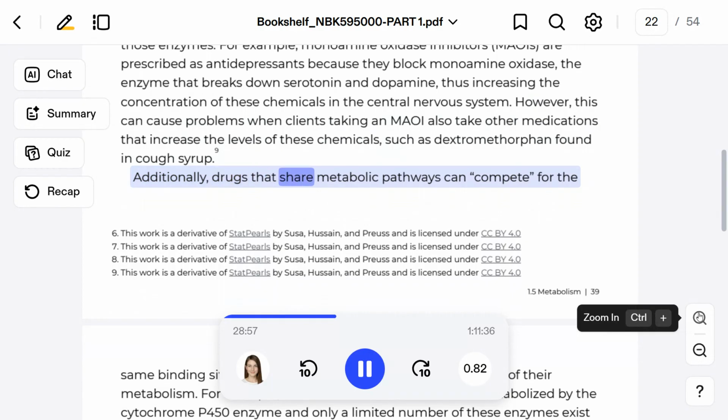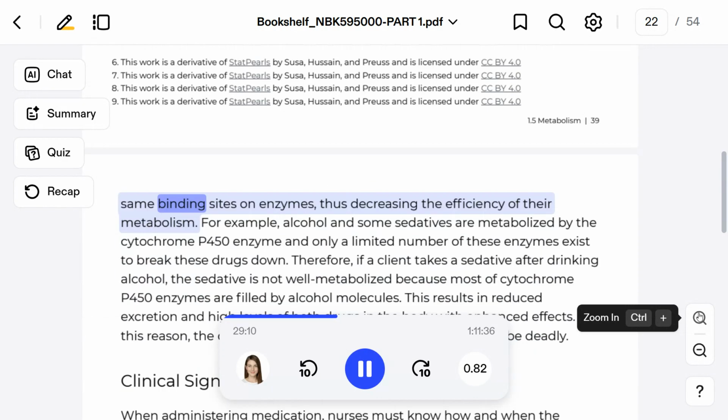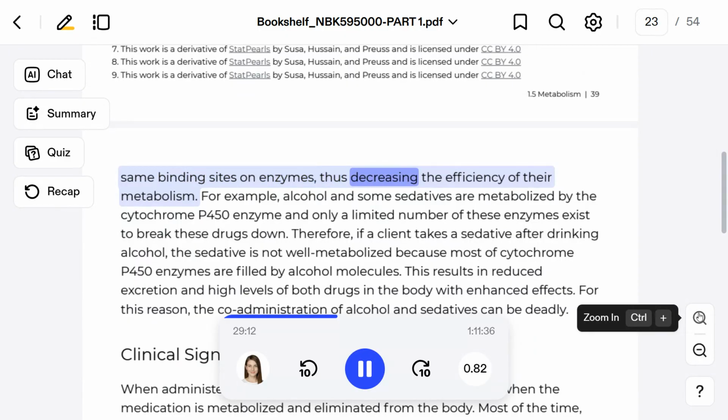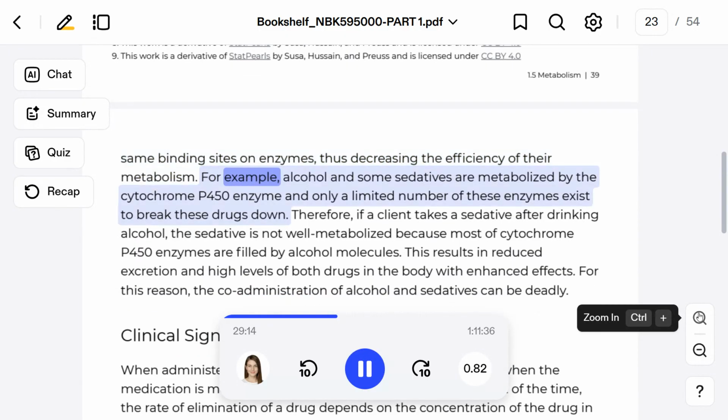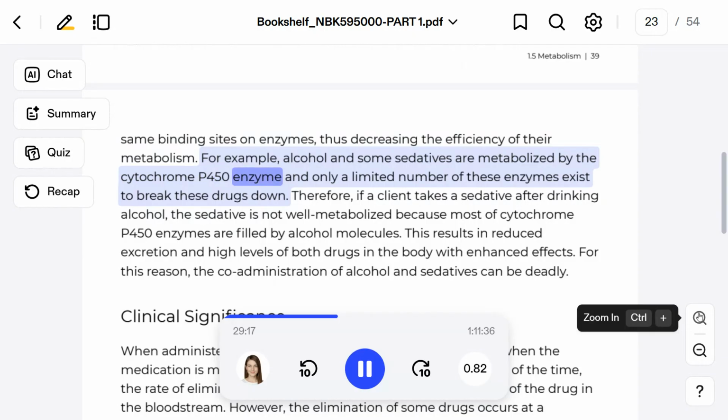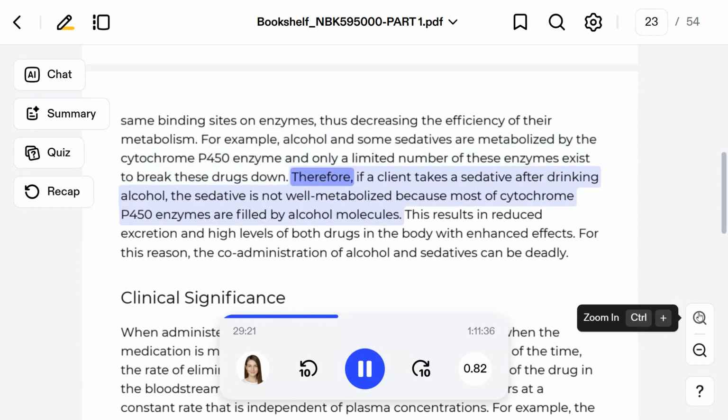Additionally, drugs that share metabolic pathways can compete for the same binding sites on enzymes, thus decreasing the efficiency of their metabolism. For example, alcohol and some sedatives are metabolized by the cytochrome P450 enzyme, and only a limited number of these enzymes exist to break these drugs down.